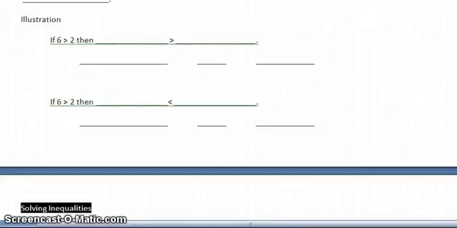So if I multiply by a positive number, 6 times 2, 2 times 2, we're seeing if it holds true that if I multiply both sides by a positive, the inequality sign stays the same. 6 times 2 is 12. 2 times 2 is 4. So I'm wondering if that stays the same, and it does.